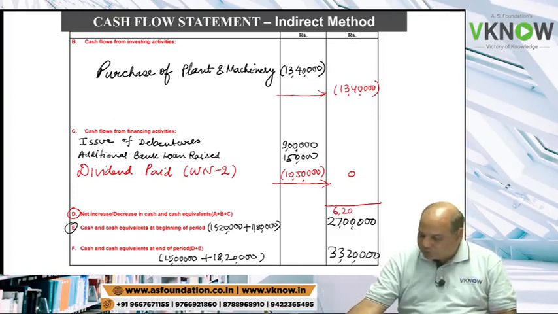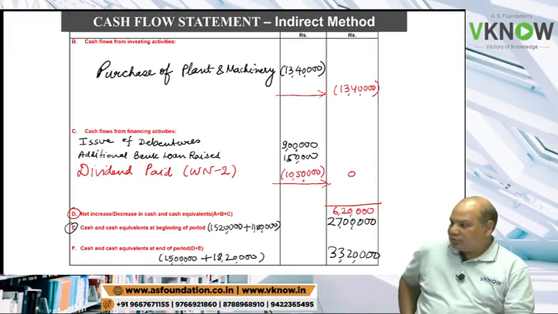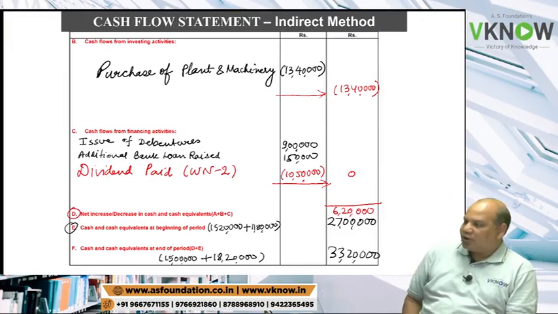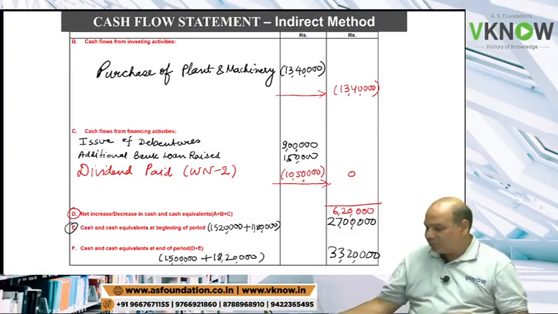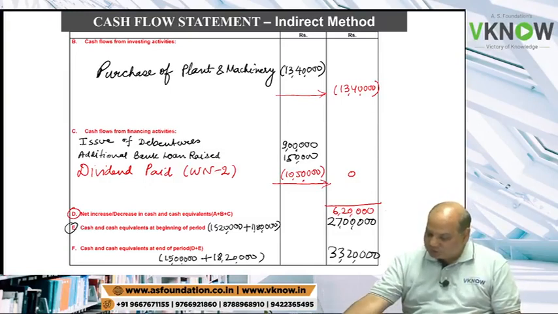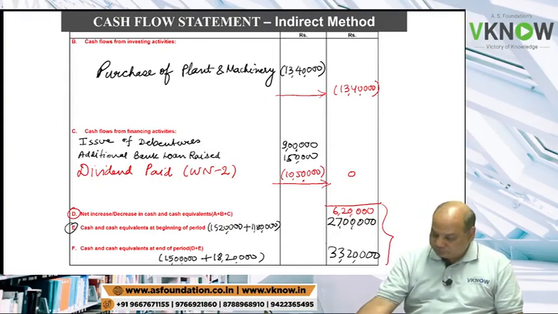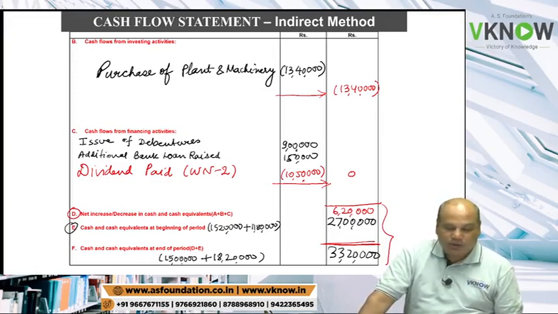It should be 6 lakh 20,000, then only it will tally. Are you getting 6 lakh 20,000? Surya, Tanya, are you getting 6 lakh 20,000? Is the total automatically tallying here? Yes. Everybody should check.